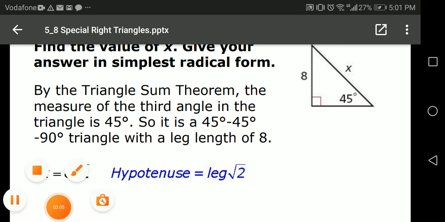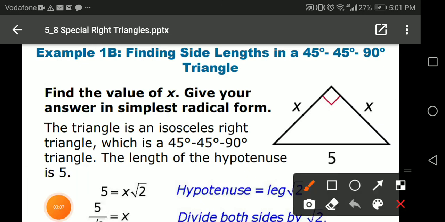Okay, an easy one. In this example we have a 90 degree angle, and the question is to find the value of x. Give your answer in the simplest radical form. Remember here we have x and x, so they are equal. This is an isosceles triangle. We have two equal sides and it's also a right triangle.